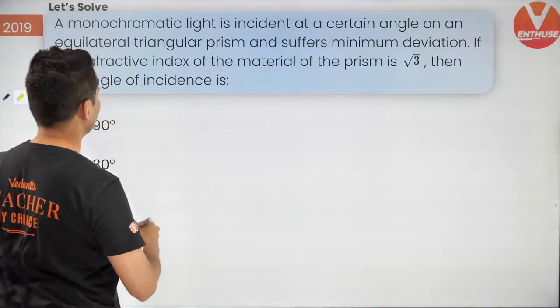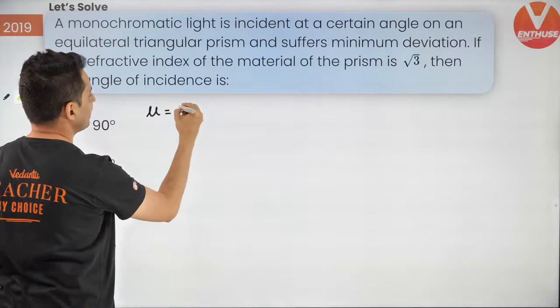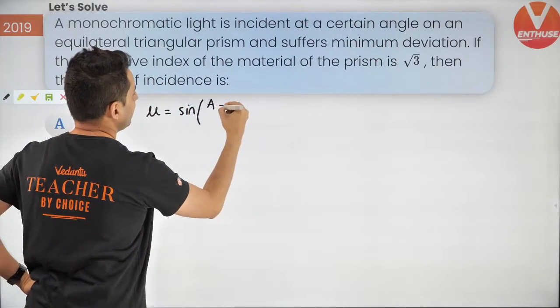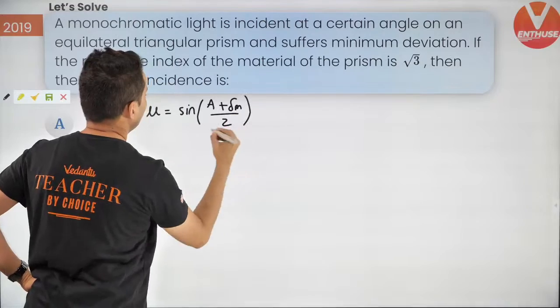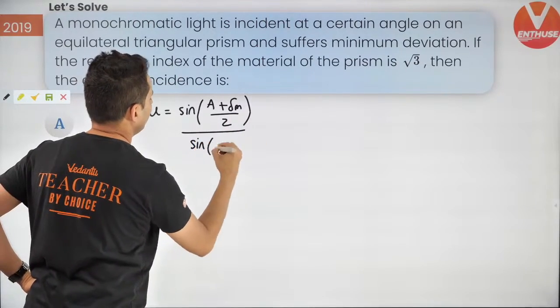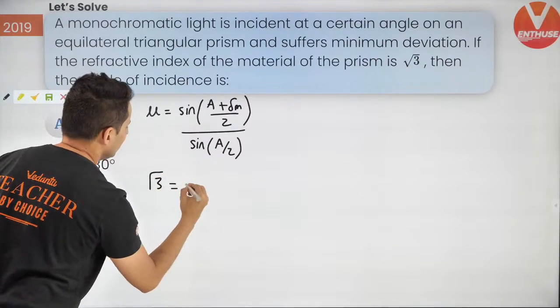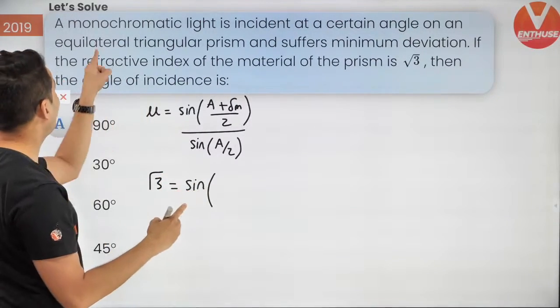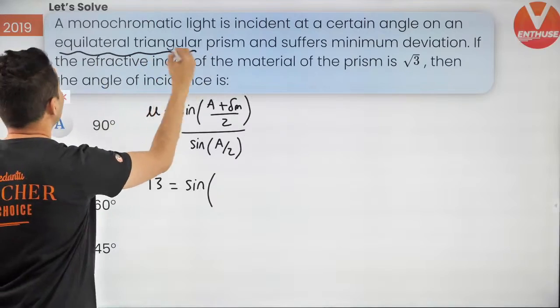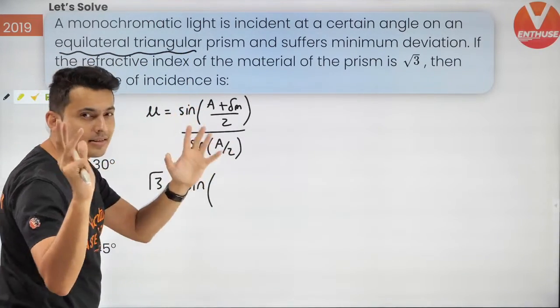Refractive index is given, so let me use this formula. Mu is sine of (A plus delta minimum) by 2 divided by sine of A by 2. Mu is √3. For an equilateral triangle, the angle of prism is 60 degrees.